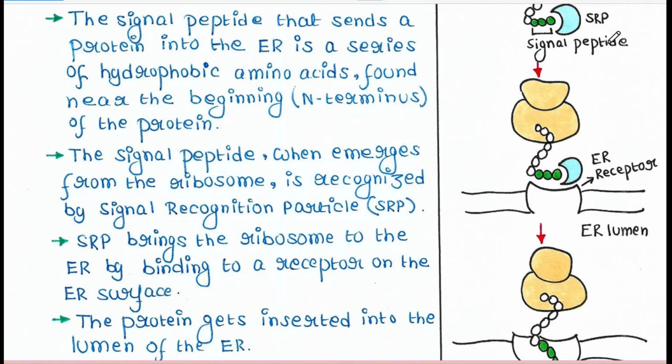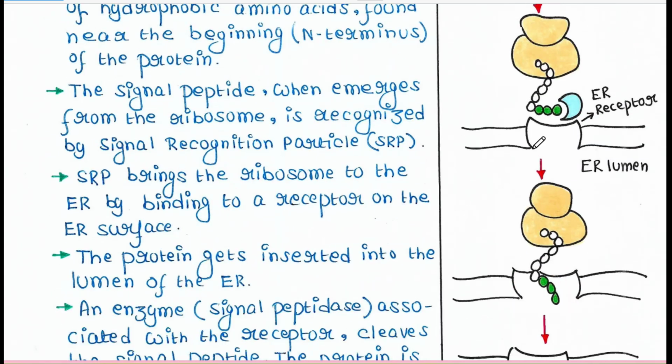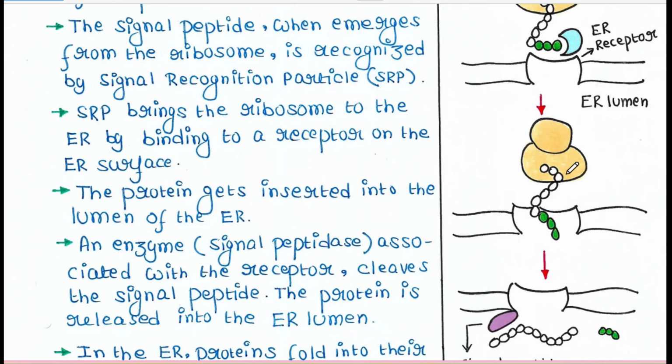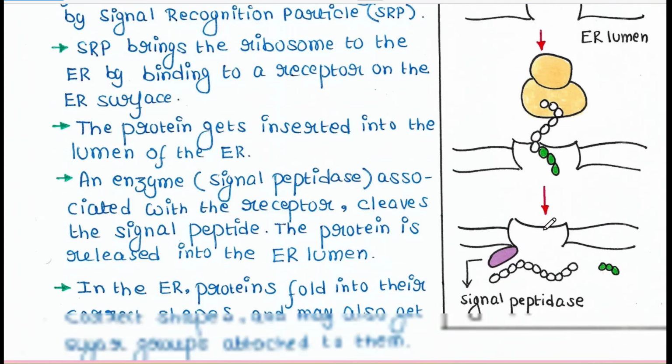Now this SRP brings the target protein to the ER receptor. And this receptor binds this peptide sequence. The protein gets inserted into the lumen of the ER, and we can see here the protein is now inserted in the lumen of the ER.